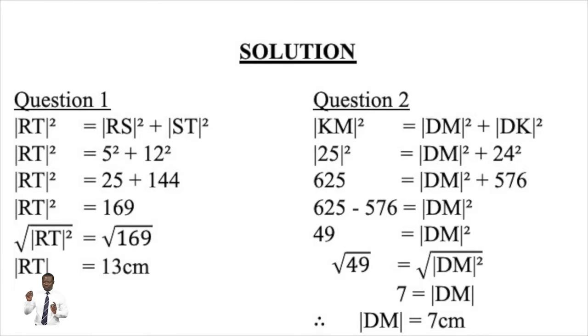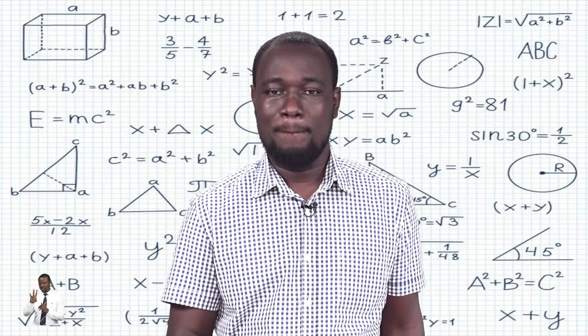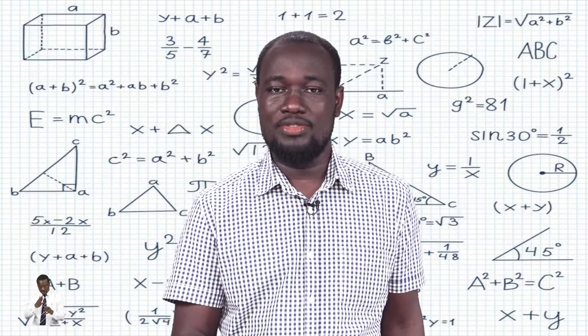Taking the square root of both sides, we have the square root of 49 is equal to the square root of DM squared. So our square root takes off the square sign, and we have our DM to be equal to 7 centimeters. What was your score? I believe you had everything right.